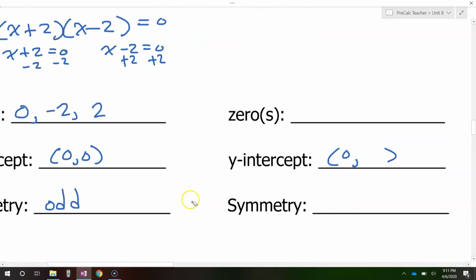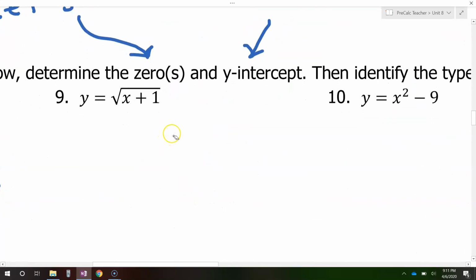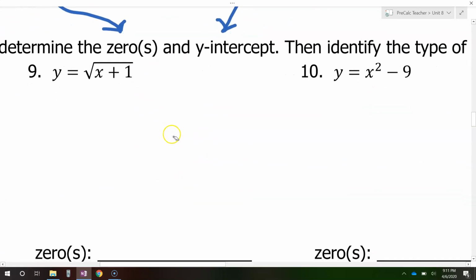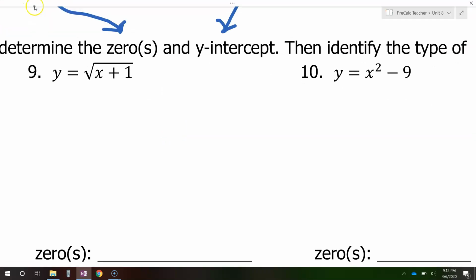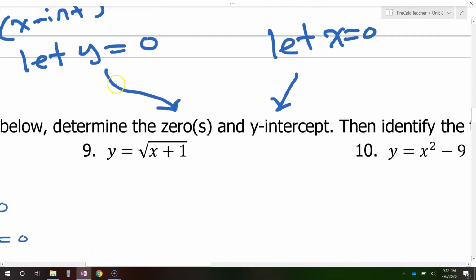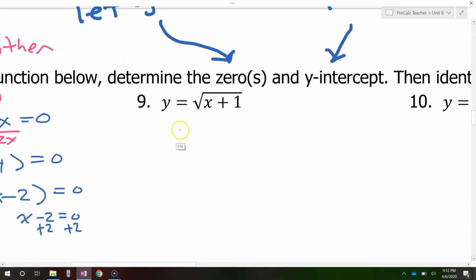Okay, I think that's enough for us to keep going for now. Looking at problem number 9. If I want to find the zeros, which really come from x-intercepts, I'm going to let y equal 0. Then I have the square root of x plus 1 equals 0.